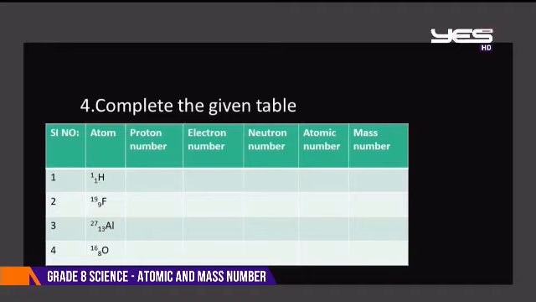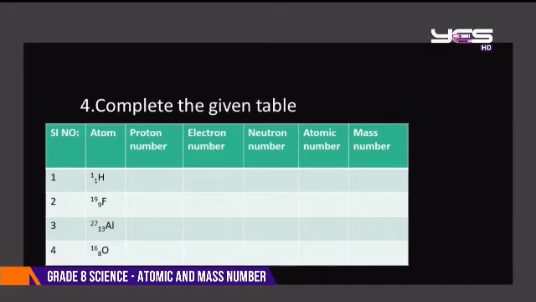And our fourth exercise question is, complete the given table. Let's check the table. In the table, you can see atom name, proton number, electron number, neutron number, atomic number, mass number. There are different columns.